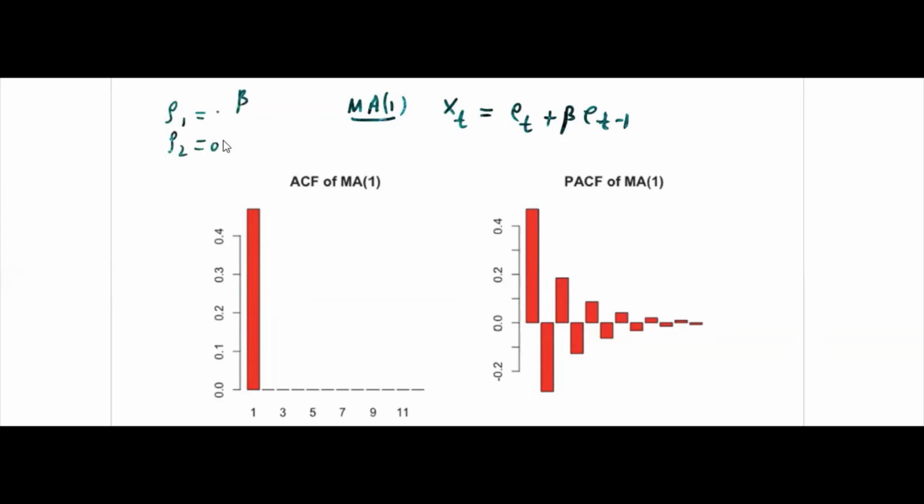Maybe it was beta divided by 1 plus beta square, if I remember, and rho 2, rho 3, rho 4 are all 0. If beta is 0.7, then 0.7 divided by 1.49 is what you get for rho 1. But from rho 2, rho 3, rho 4, everything will be 0 for the autocorrelation function.